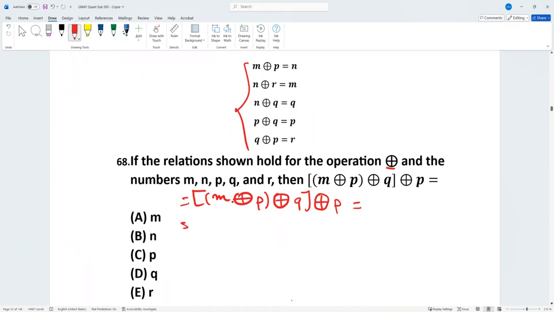So MP is this one. This is the first operation. This is going to lead us to have N, because that's the result here.